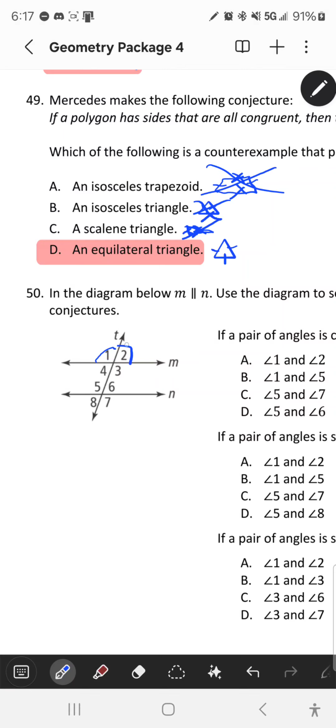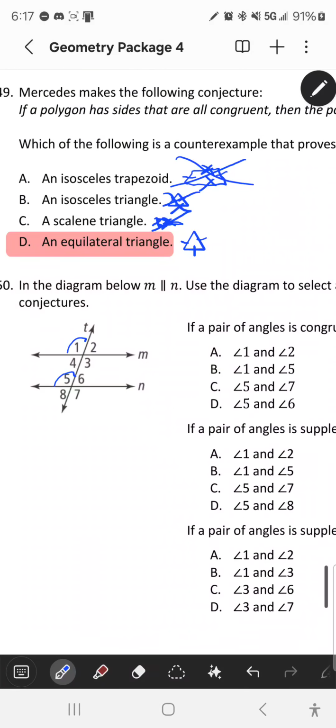They are not even congruent; they add up to 180 degrees because they are supplementary. 1 and 5, they are corresponding, the F. So they're corresponding, not a counterexample. 5 and 7, they are vertical angles. They are congruent and they are not corresponding. So this is your answer. And then 5 and 6, again, they are not congruent, they just add up to 180 degrees. They are supplementary.